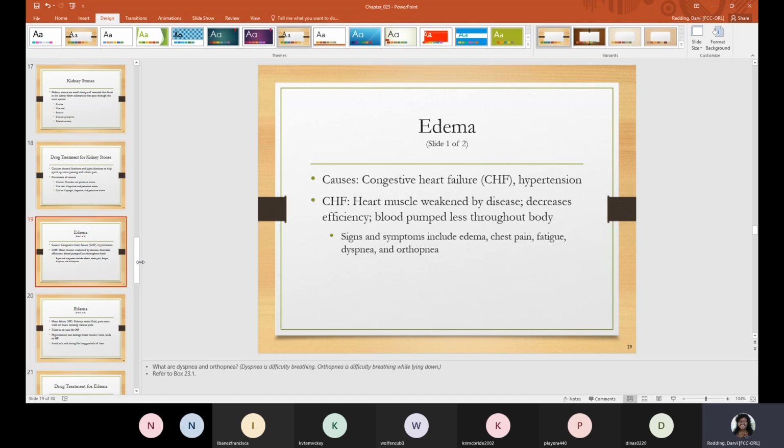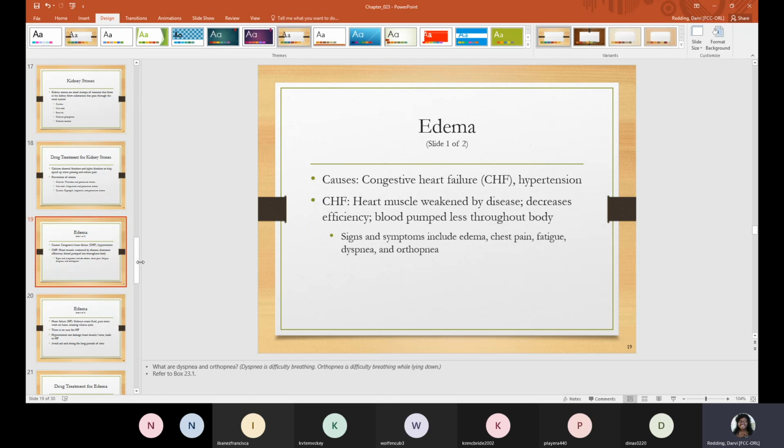With CHF, the heart muscle is weakened by the disease, therefore decreasing efficiency, and the blood is pumped less throughout the body. Some signs and symptoms include edema, chest pain, fatigue, dyspnea, and orthopnea. Anytime you hear the word dyspnea, it represents difficulty breathing. Orthopnea is difficulty breathing while lying down.